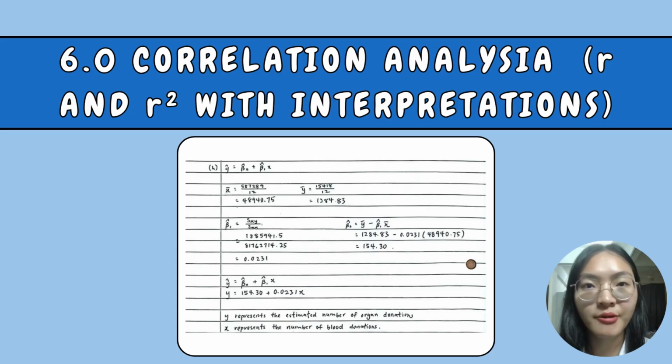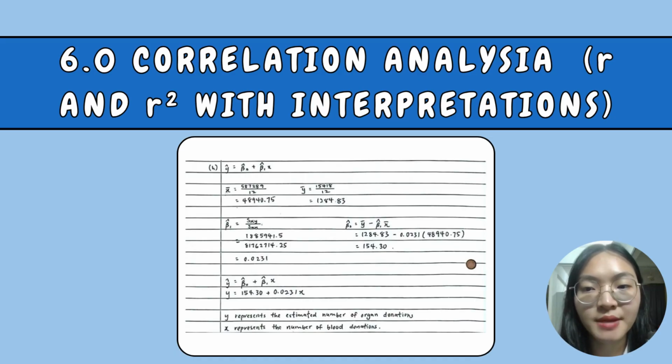Now, let's talk about the regression equation, which helps us predict organ donations based on blood donations. We use the formula y equals b0 plus b1 times x, where y is the estimated number of organ donations, x is the number of blood donations, b1 is the slope, and b0 is the y-intercept. Our final equation is y equals 154.30 plus 0.0231 times x.